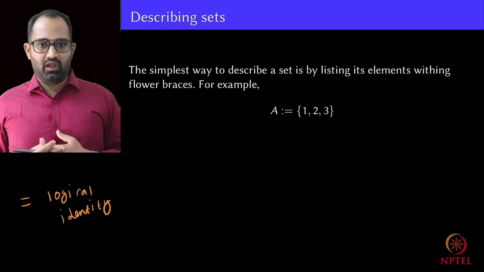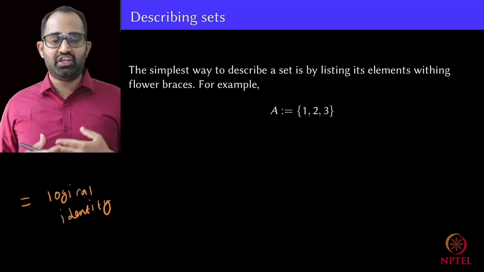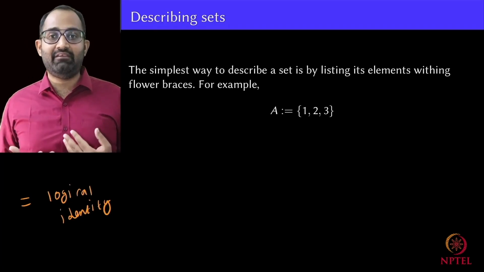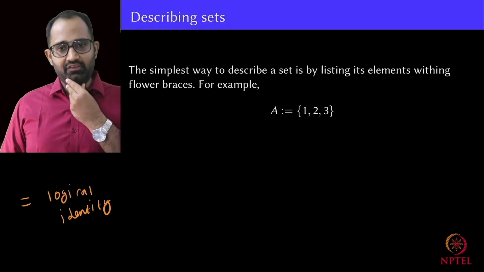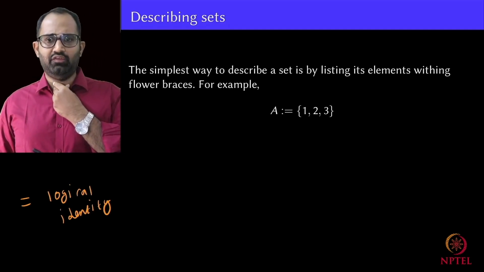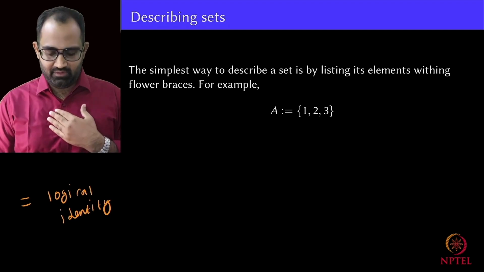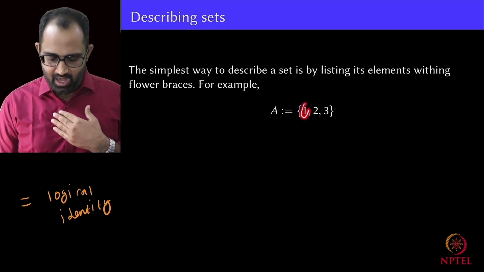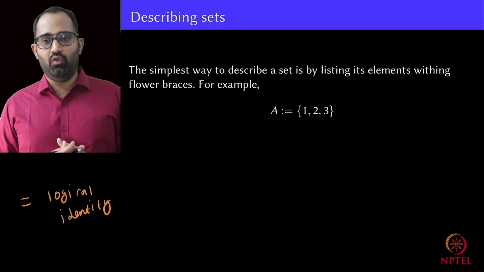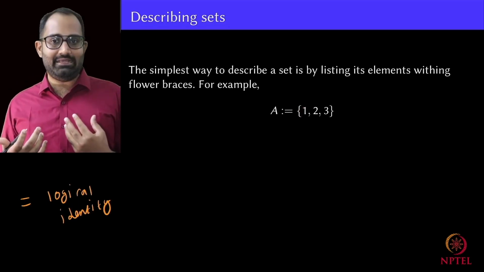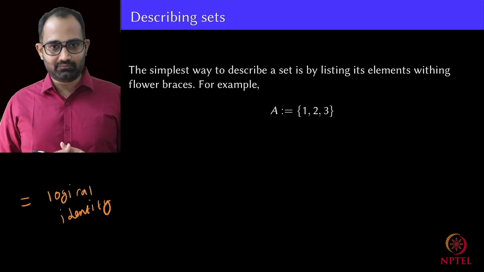This might sound confusing. So if you are sufficiently confused, let me confuse you even further. If you think about this carefully, what is on the right hand side is also a bunch of names. For instance, this symbol 1 is a name. That name denotes the abstract entity, the number 1.